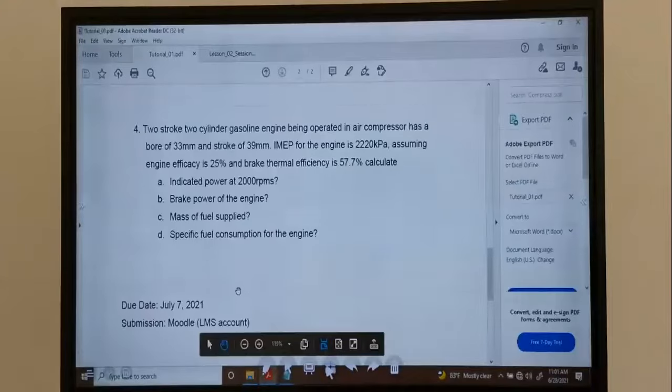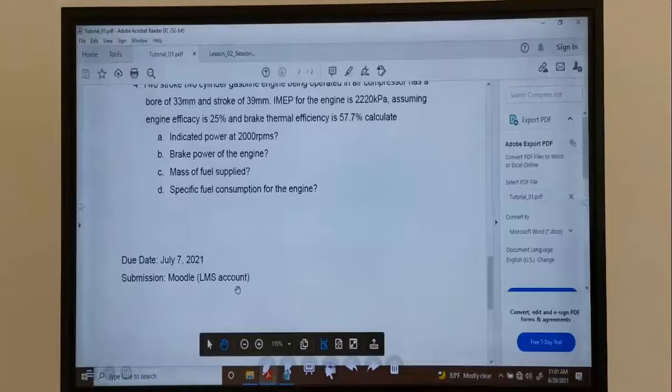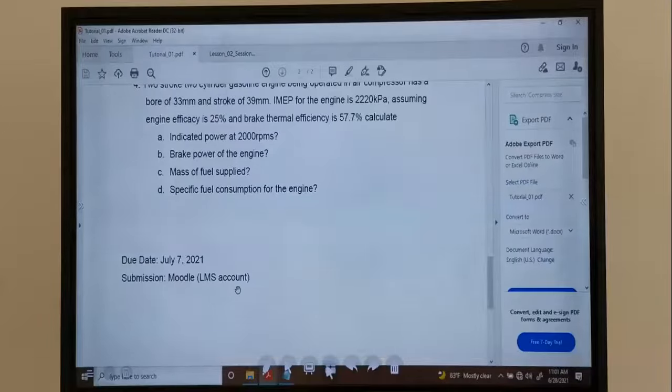I hope you understand these things clearly. This is your tutorial on engine and components. The due date is July 7, 2021, and you have to submit it through the LMS account.